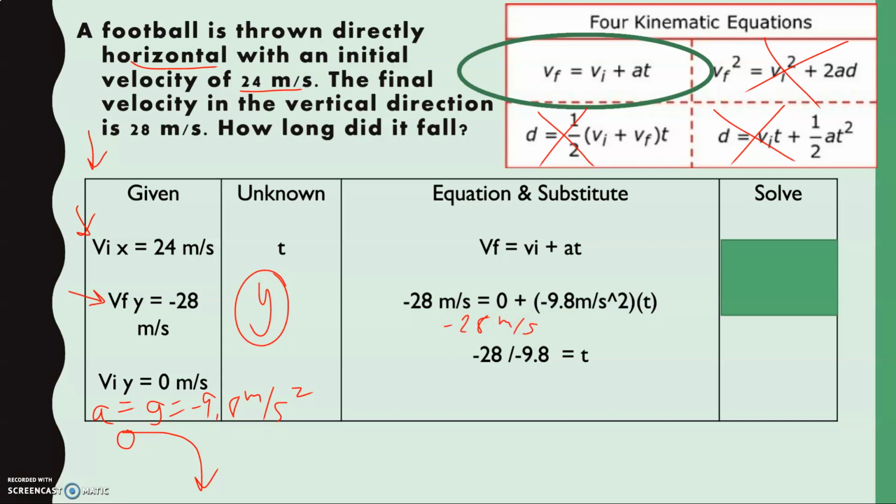Negative 28 meters per second equals negative 9.8 times time. So we have to divide by 9.8 on both sides. That's how we got to this step here. So negative 28 divided by negative 9.8 would be 2.9 seconds. So the time that it takes to fall is 2.9 seconds, so a very quick time.